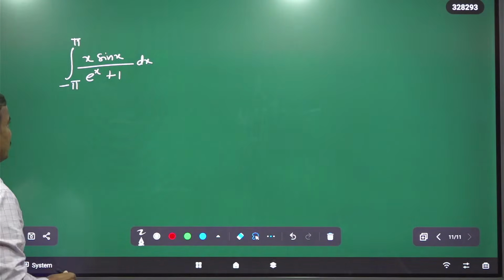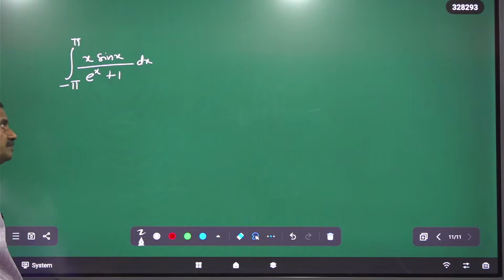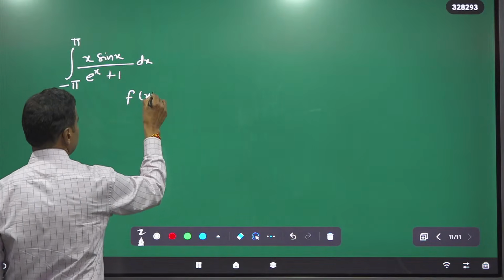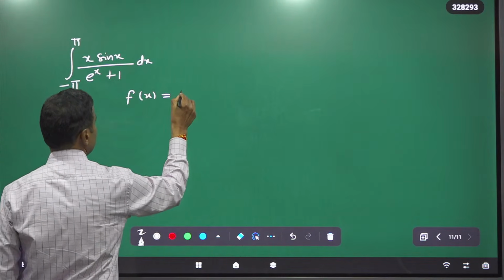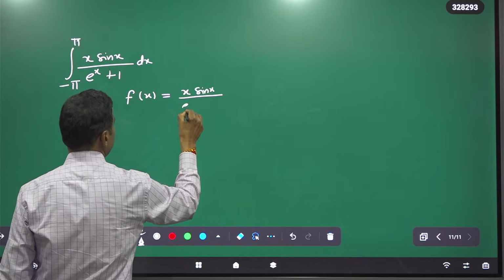Integral of minus pi to pi x into sin x by e power x plus 1. Here f of x is equal to x sin x by e power x plus 1.